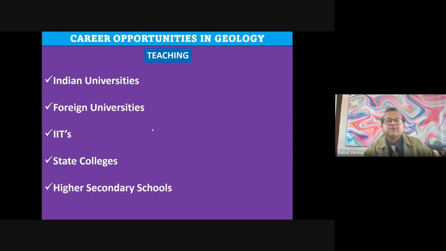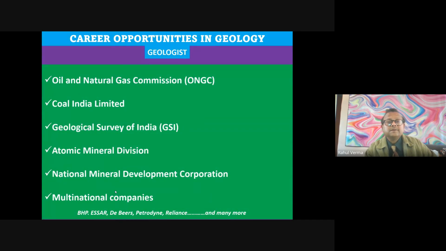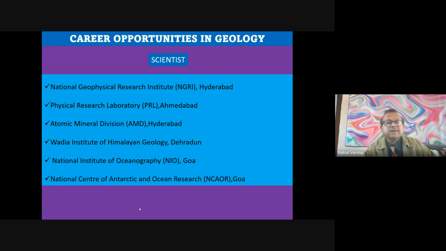And then what kind of career you can have in teaching, in the universities, in IITs, state colleges, and even some states have introduced geology in schools. As a geologist, there are different companies in India and throughout the world. As you look, there are some global companies, BHP, De Beers, Petrodyne, and many more. And then you can be a scientist in these pioneer laboratories in India, and there are many new coming up.